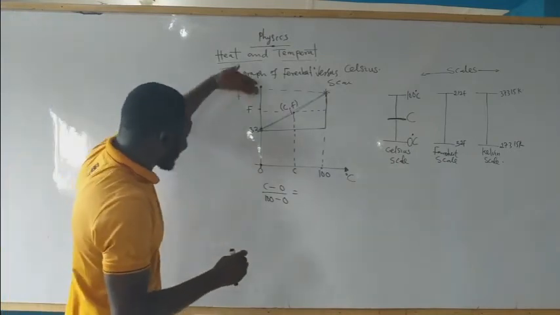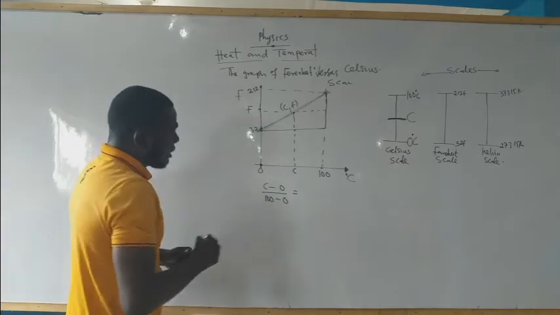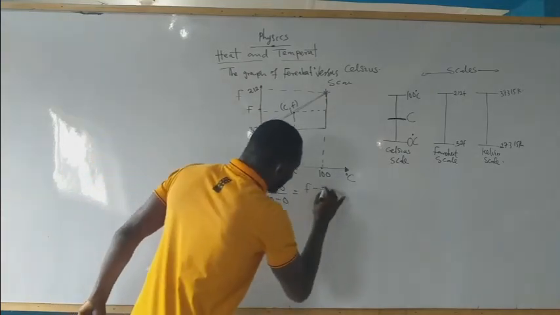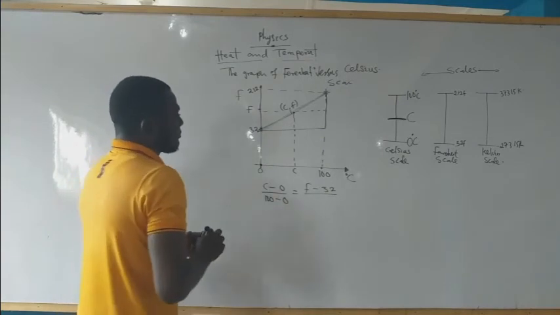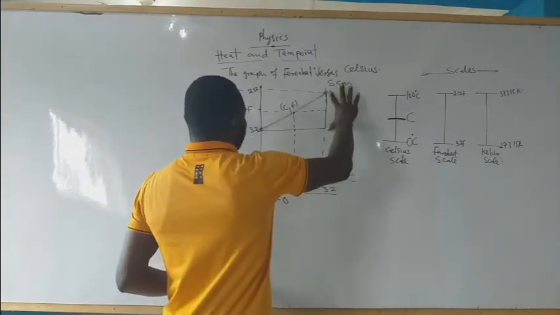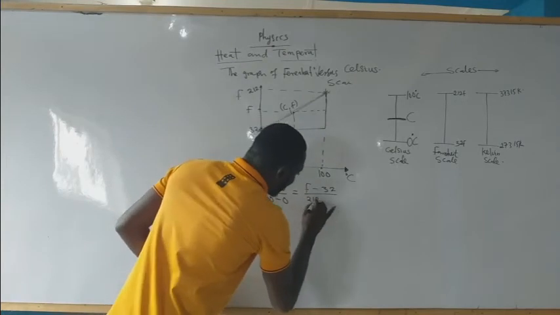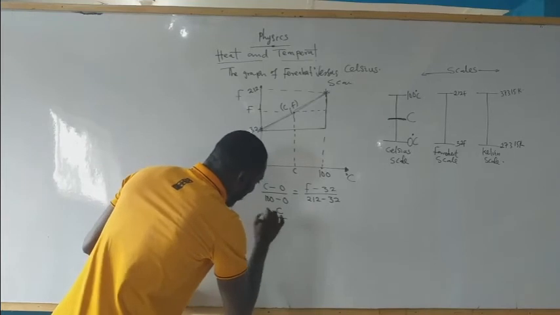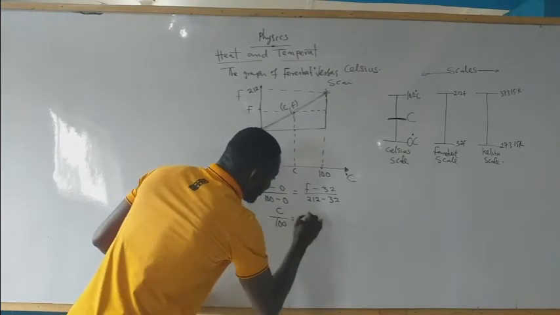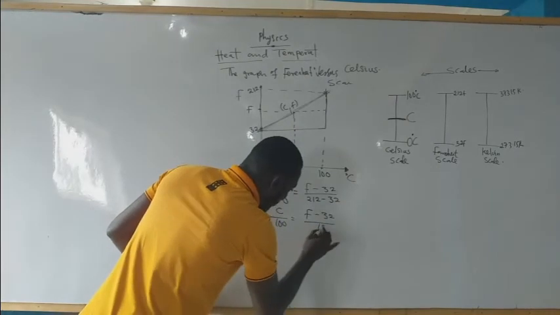It increases like this. That will be F minus 32 upon 212 minus 32. C minus 0 is C upon 100. This will be F minus 32 upon what? That will give us 180.